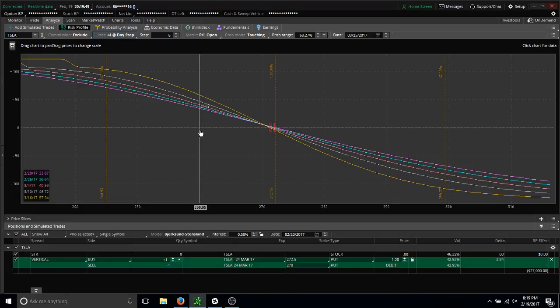If it goes down by expiry, so 2 days before expiry, 1 day before expiry, it would be worth 57 if it pulled back $12. We have a 47% chance it'll pull back to 244 by then. So you can see percentages here.